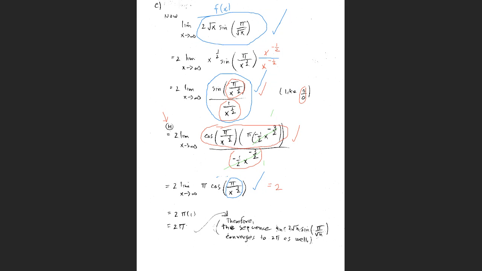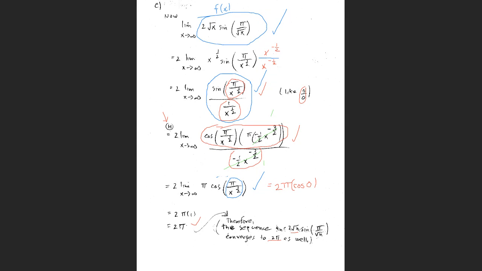2 times pi times the cosine of 0. And the cosine of 0 is 1. So you get 2 pi. Therefore, the sequence converges to 2 pi as well.